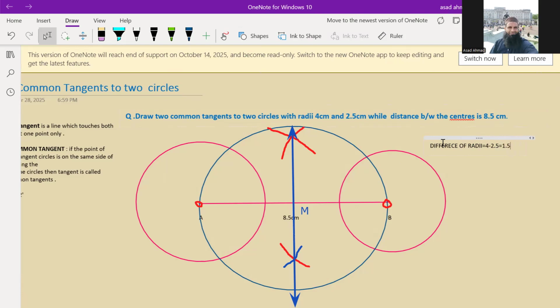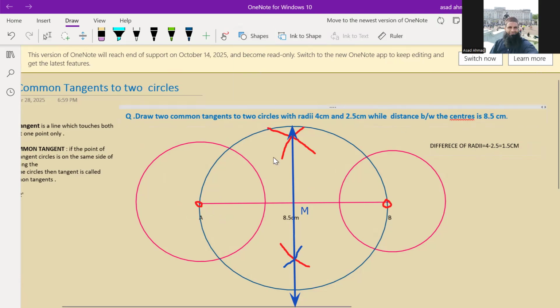So we have to make the fourth circle whose radius should be 1.5 centimeter and the center will be taken for the larger radius. Like the 4 centimeter radius circle was this one with center A. So we will choose the center A and take the difference of radii, 1.5 centimeter, for the fourth circle.